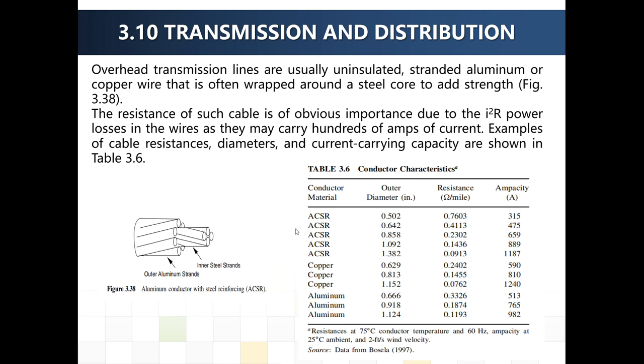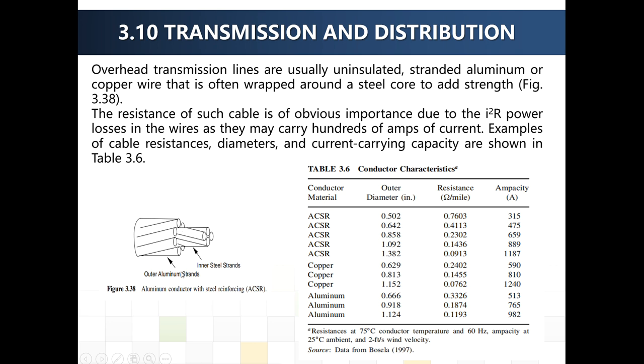As we can see from this table, the resistance is based on a 75 centigrade conductor temperature and 60 Hertz, and the capacity of this transmission line is based on a 25-degree ambient temperature and a 2 feet per second wind velocity.